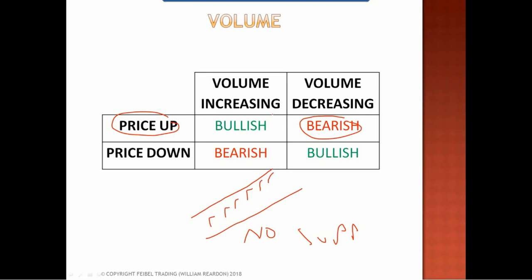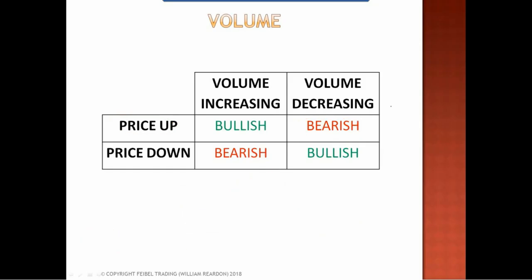We always have to use our discretion. And obviously this is contextual. We need to have the right background conditions for this behavior. We need to see that we come from absorption or a shakeout before or accumulation.